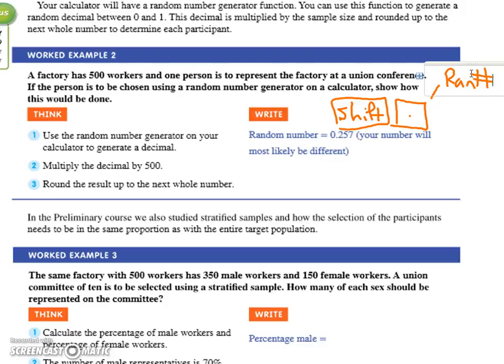When we did the assessment, you guys had 18 names, so you multiplied it by 18. In my case, I've got 0.257, so I times that by 500. Can someone do 0.257 times 500 for me, please? 128.5.